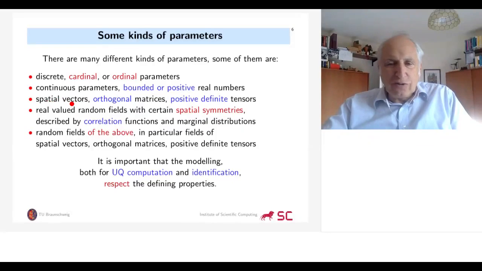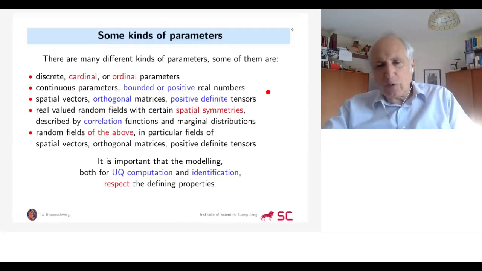Free vectors and unit vectors, and then we look at things which are matrices or positive definite tensors and things like this. Orthogonal matrices give an orientation, for instance. Positive definite tensors appear everywhere in material theory. For instance, the elasticity tensor is one of these, or the conductivity tensor in our little model problem.